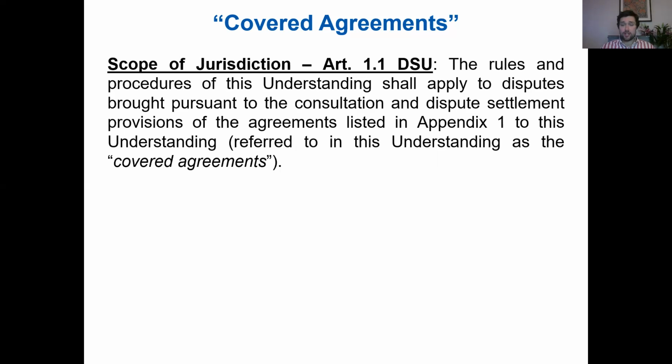So now we understand what the covered agreements are. They are those agreements listed in Appendix 1, and with respect to these agreements only, the dispute settlement body will have jurisdiction to hear cases on violations, non-violations, situations, whatever.